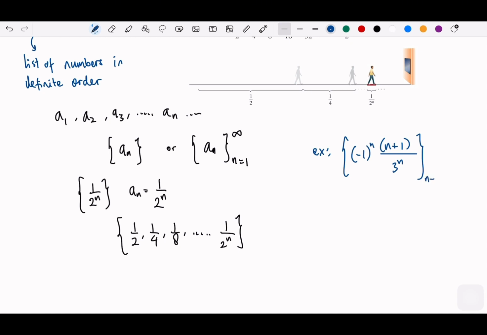So let's say from 0, to make it easier. So when n is 0, the sign will be positive, right? And then 3 to the 0 will be 1, so 1 over 1, so this will be 1. And then n equal 1 becomes 2 over 3, but negative, since negative 1. And then we have 3 over 9. And then we have negative 4 over 27. And so on and so forth.